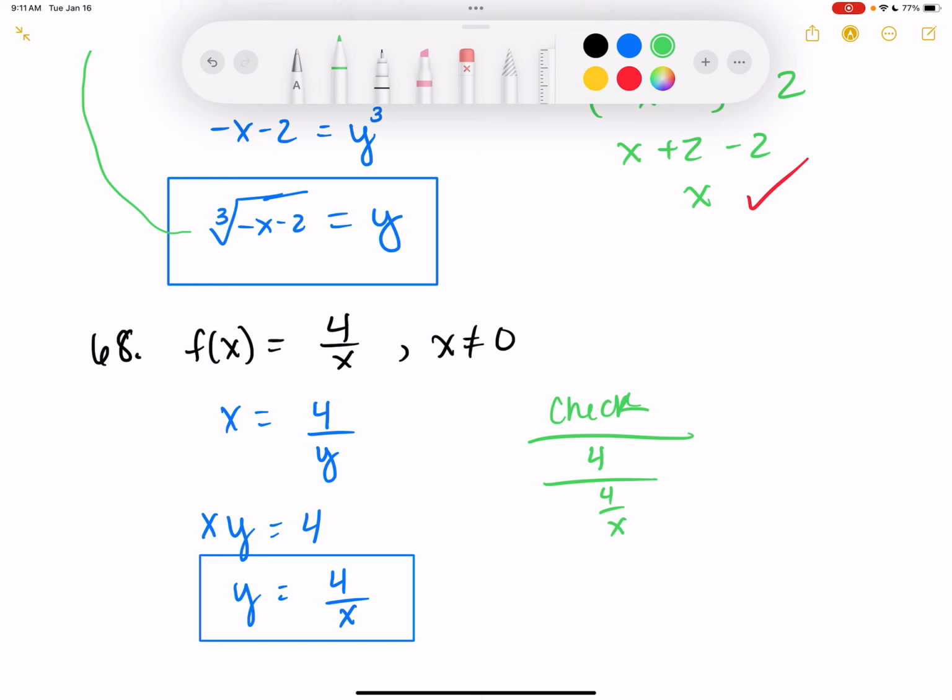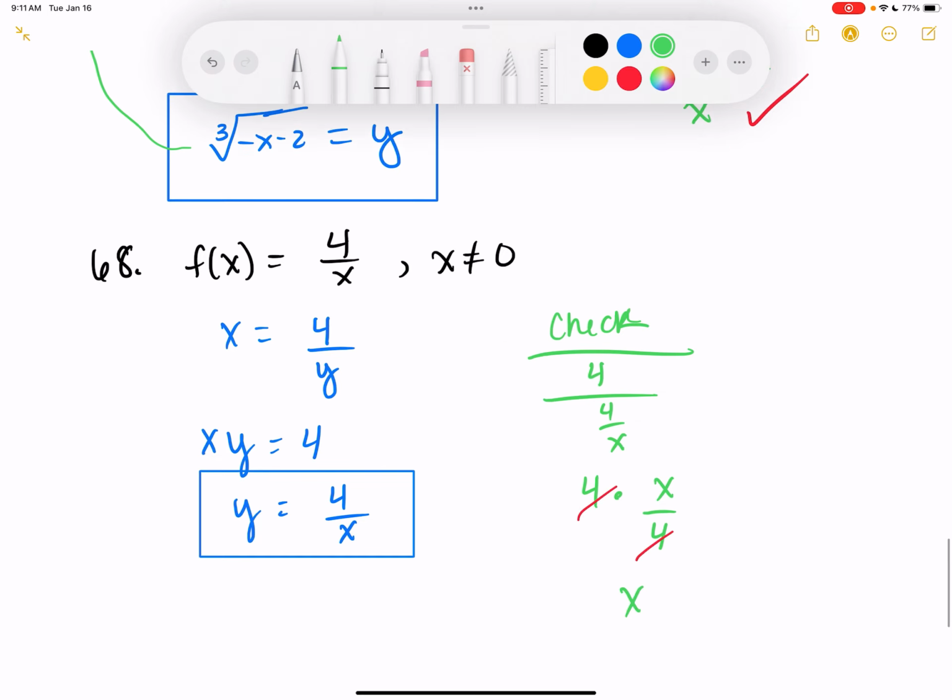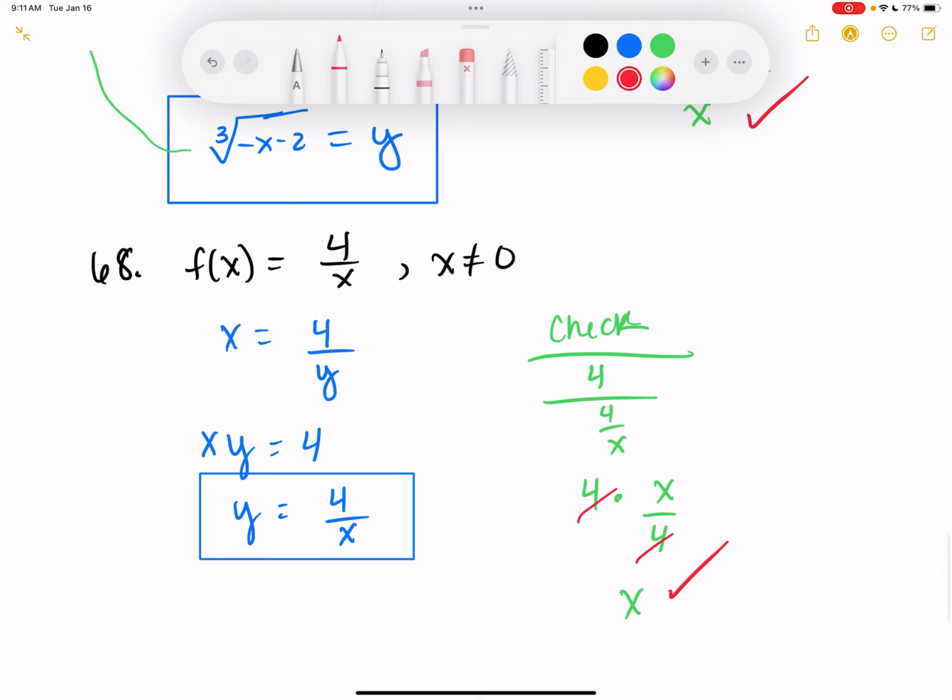So keep, change, flip. I've got 4 times x over 4. 4's cancel. And I'm left with an x. So they are inverses. So sometimes your inverses might be the exact same function.